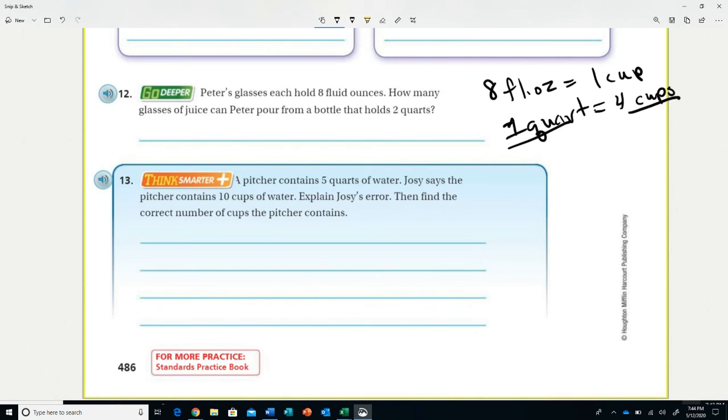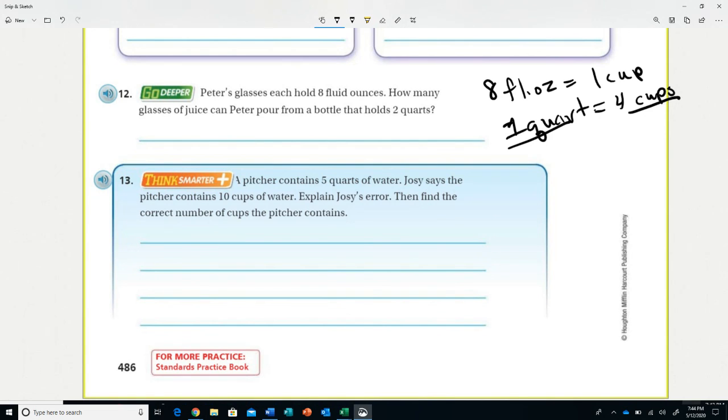A pitcher contains 5 quarts of water. Now, this is the pitcher that you would pour juice or water from into a cup, not the pitcher on a baseball team. 5 quarts of water. Josie says the pitcher contains 10 cups of water. Explain Josie's error, then find the correct number of cups the pitcher contains.